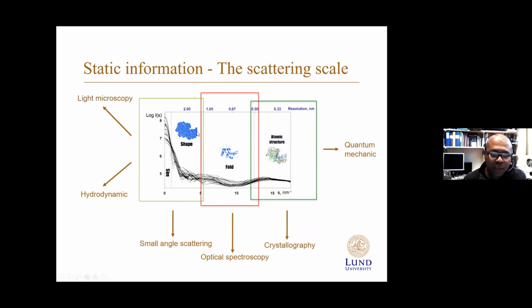So you would see the shape and envelope, the fold, and eventually the atomic structures. And in terms of techniques, you will have crystallography, you could have optical spectroscopy, small angle scattering, and if you want to go to higher length scale, you have light microscopy, hydrodynamic. But one should not forget that you can also have quantum mechanics on the other side here.